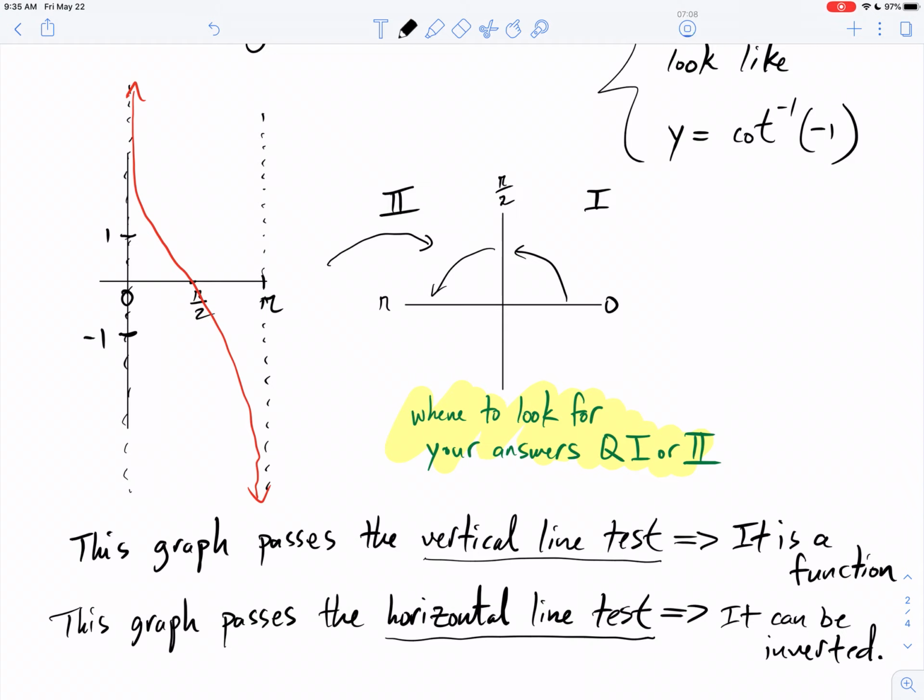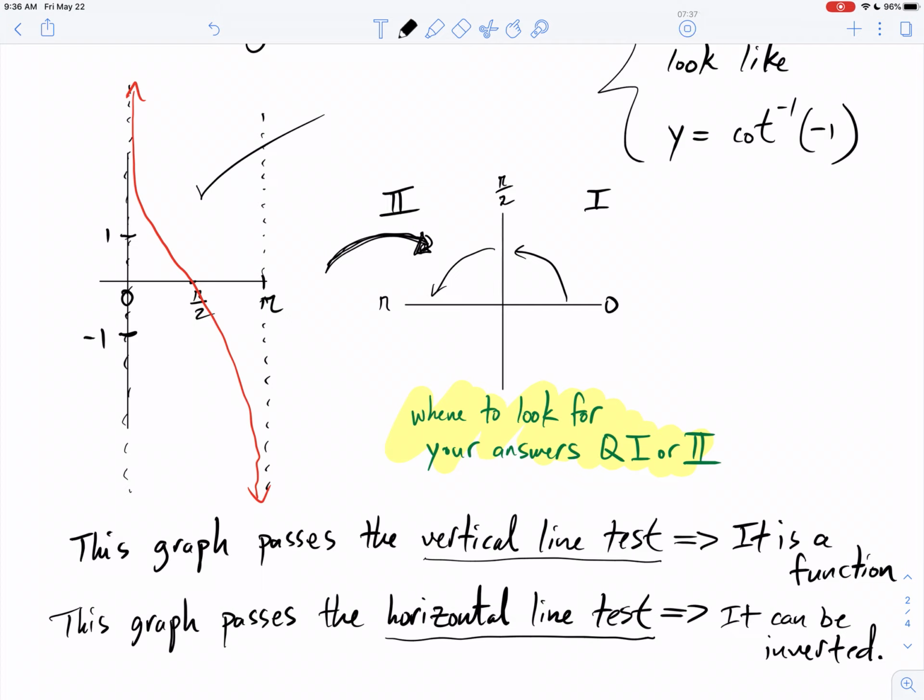So if you take the graph of this cotangent and you think of it in terms of the unit circle, you start at 0, you go to pi over 2, that puts you in quadrant 1. That is where cotangent is going to give you positive answers. And if you looked in quadrant 2, that's where cotangent will give you negative answers.